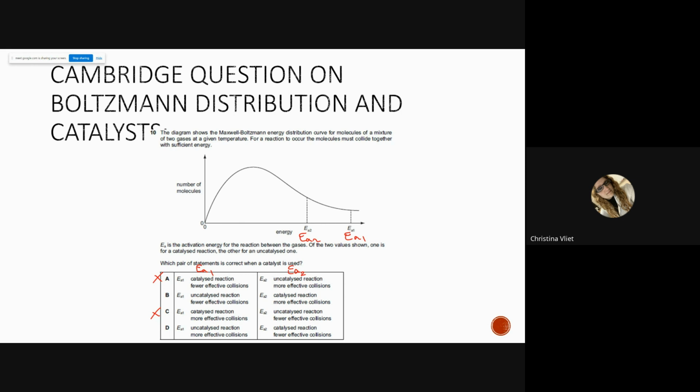All right. Does an uncatalyzed reaction, I think we can already figure it out, have fewer or more effective collisions? Think about it.